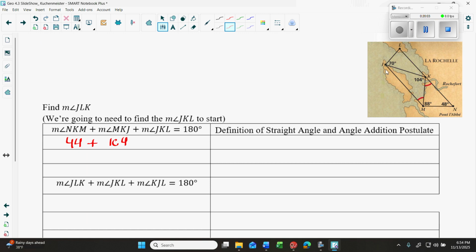And then JLK, we don't know. Or JKL. Yep, JKL. So substitution. 44 plus 104 is 148.